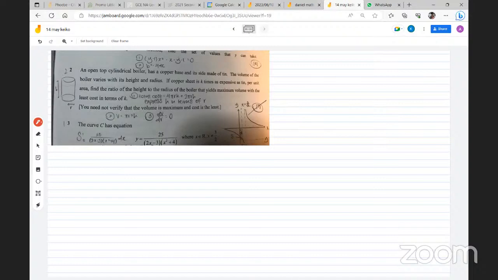Maximum volume with the least cost. Wait, what does this mean? Maximum volume with the least cost.